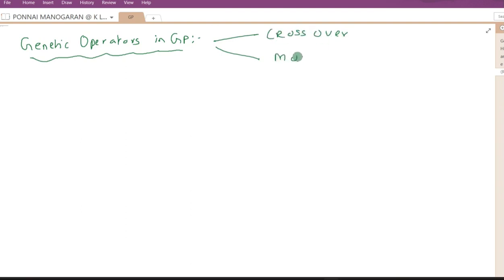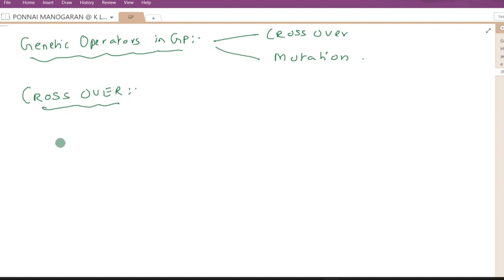In this slide, first we will learn how the crossover operation is performed for two programs. A program will be represented in tree format. This is important.